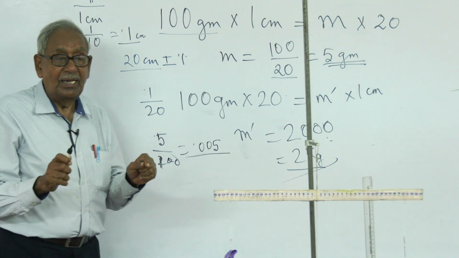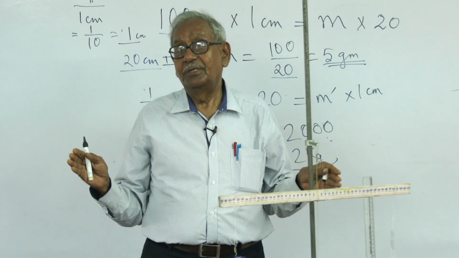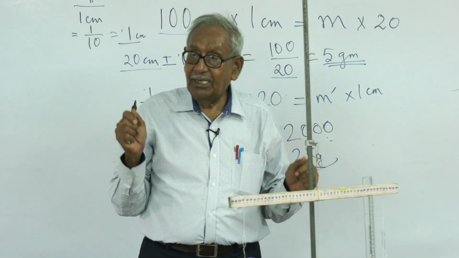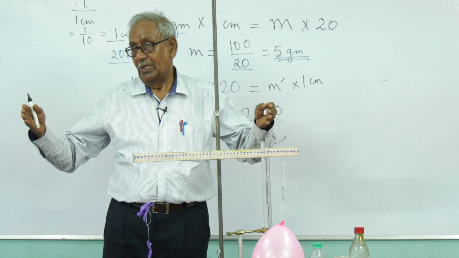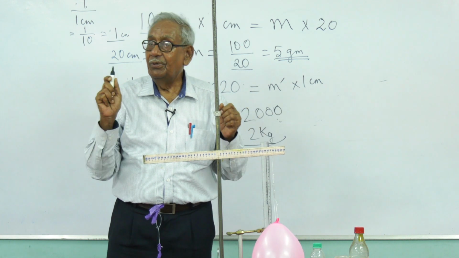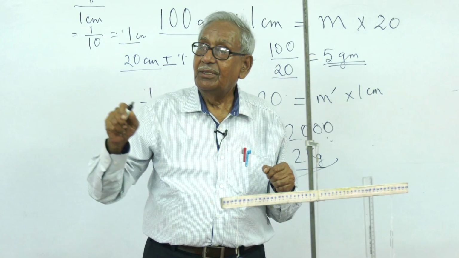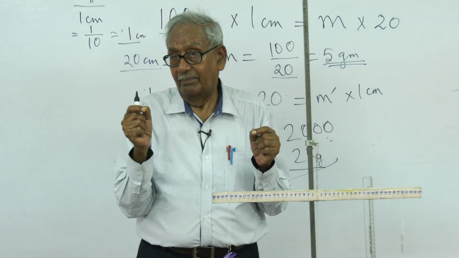So, with a beam balance, you have to use a position as far away from the center as possible. You should at least go beyond 15. Whatever you want to measure, the error will be less if you use a length beyond 15. This is called proportional error.